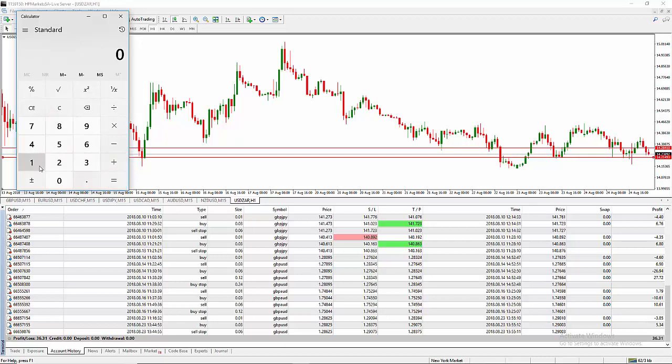I made a mistake here: 3.3% per month times 12, we are going to make 39.6% of our capital.